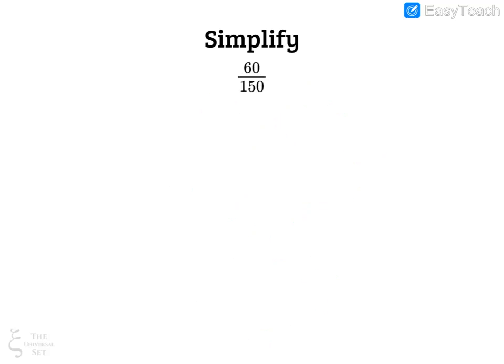Final one we'll look at then, another one with big numbers here. We've got 60/150ths. 60/150ths, but we're going to simplify this in exactly the same way. We're going to first of all say, what times table has both of these numbers in them? What can I divide them both by? Now, because they both end in a 0, I know that they must both be in the 10 times table.